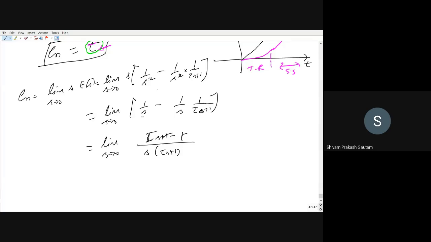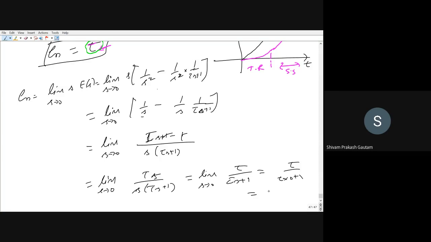We will have limit s tends to 0 of tau s upon s(tau s plus 1). So this s will cancel out, and it will be tau upon tau s plus 1. If you put the limit, this will be equal to tau upon tau into 0 plus 1, which is tau. So ess will be equal to tau.